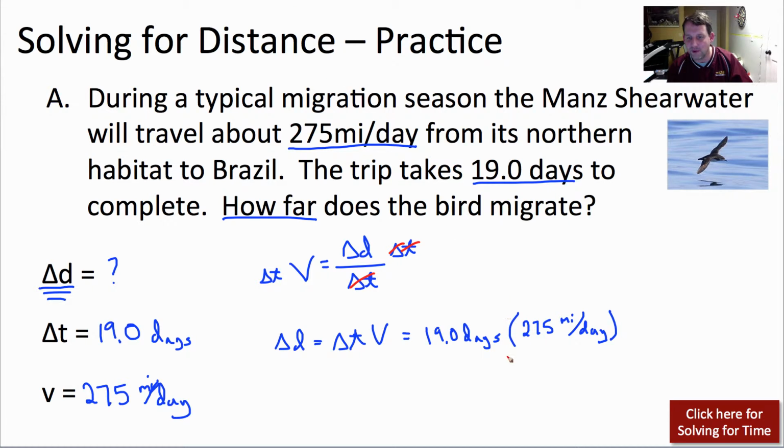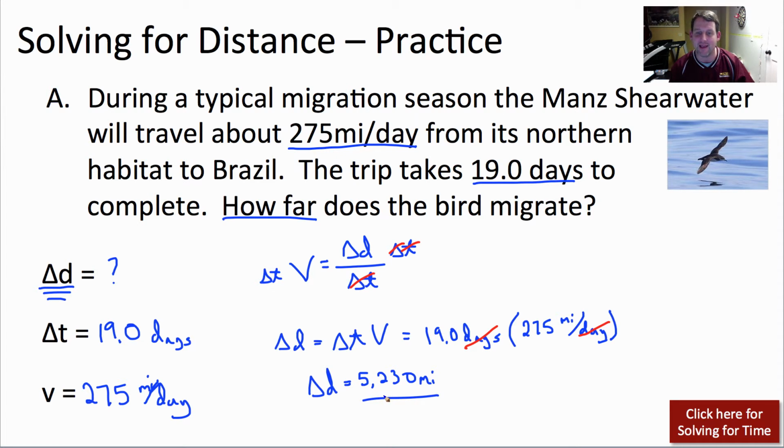And that something is the days on top and the days on bottom cancel each other, leaving just miles behind. When I do this math, I end up with a value of 5,230 miles. That is a huge migration, and it's what these birds do every year one way.